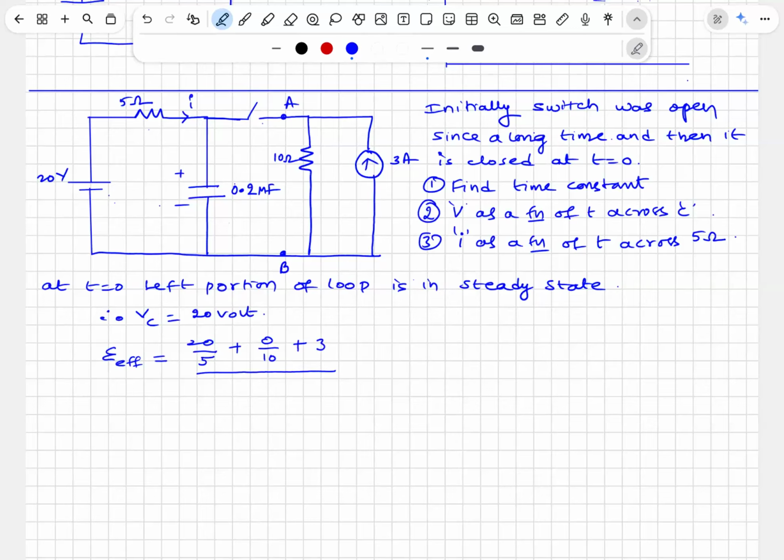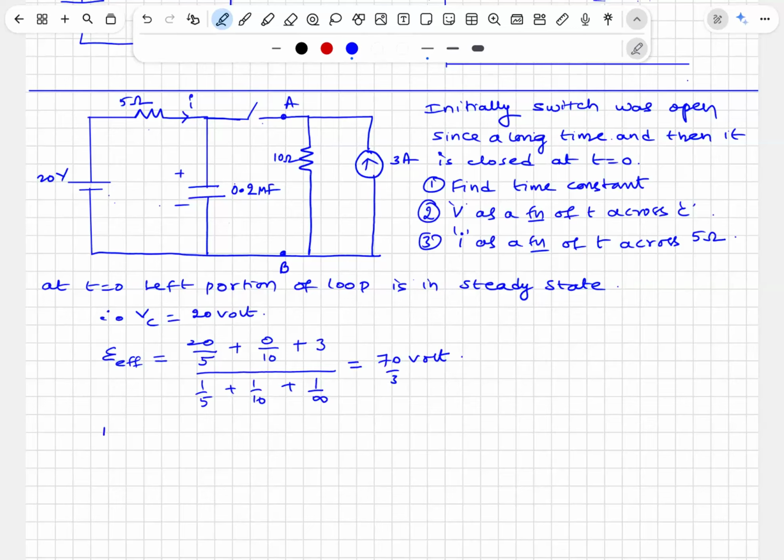If there is a current source, you will write I by 1 by R1, 1 by 5, 1 by 10. Replace the current with infinite. So this will become 70 by 3 volt. That's E effective.